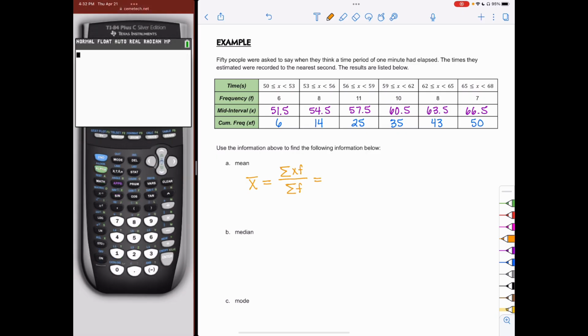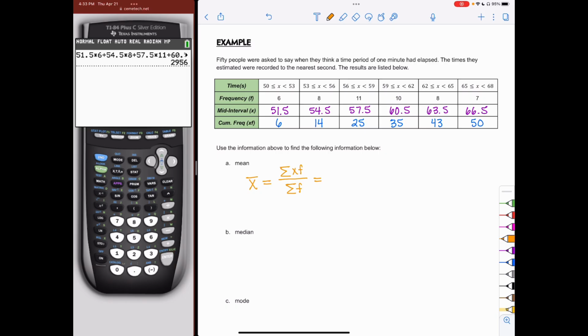So what we will end up getting is 51.5 times 6 plus 54.5 times 8 plus 57.5 times 11 plus 60.5 times 10 plus 63.5 times 8 plus 66.5 times 7.